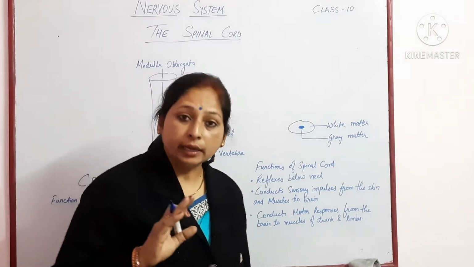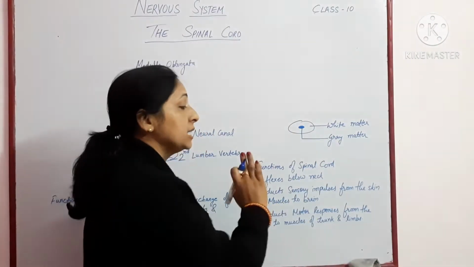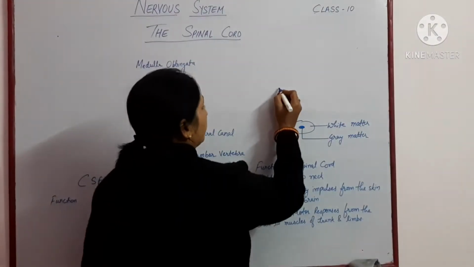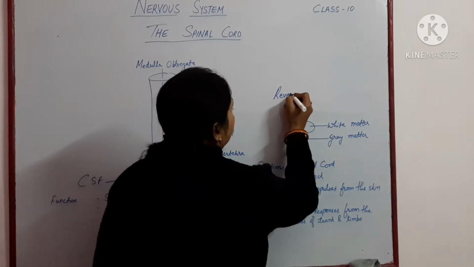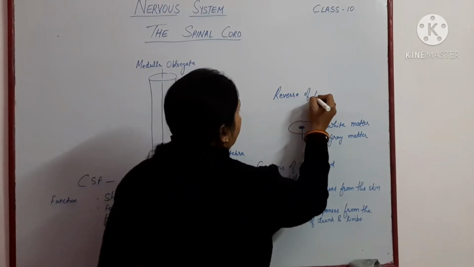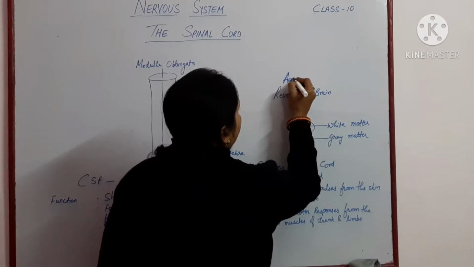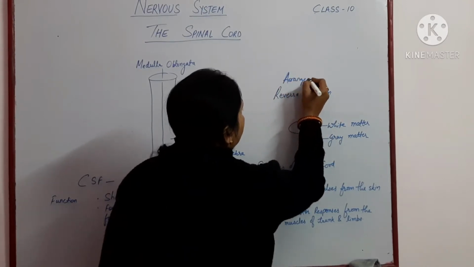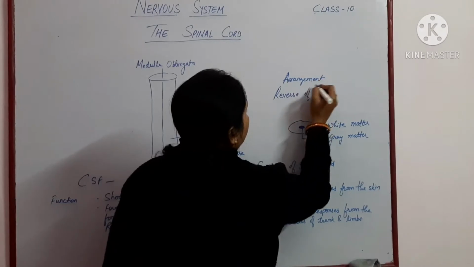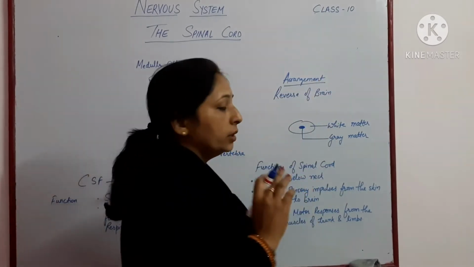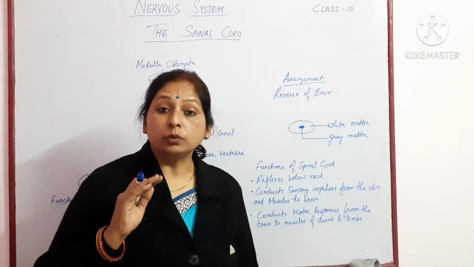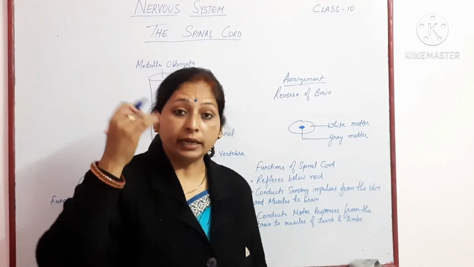Arrangement of white and grey matter. In this, the arrangement is just the reverse of the brain. Now what does this mean? In the brain, the arrangement was grey matter outside, white matter inside.